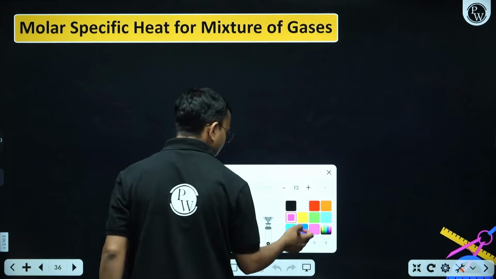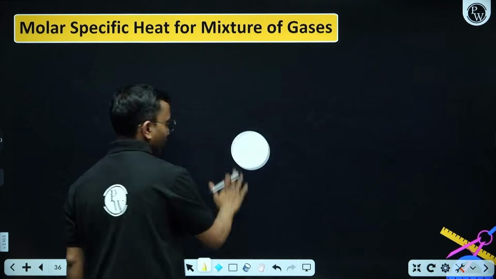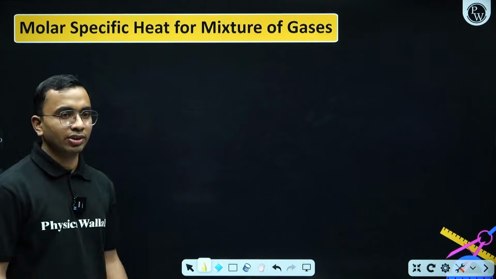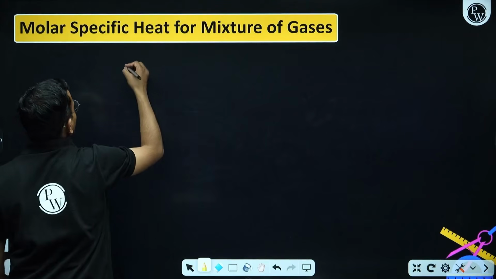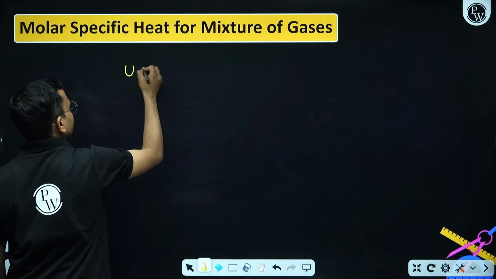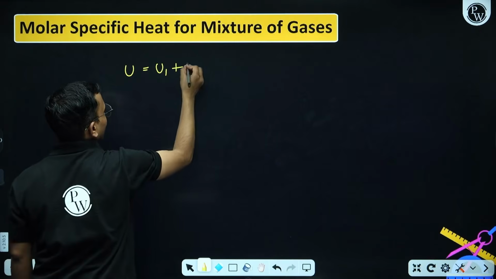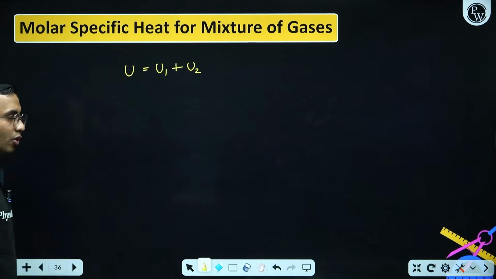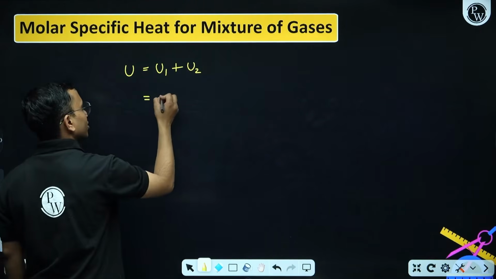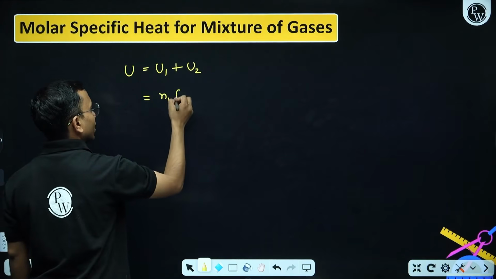Let us take two gases are mixed. What will be the effective molar specific heat for the gases? Okay, now if I say the internal energy, that will be the sum of the internal energies of the two gases. What is the internal energy? That is N1 into F by 2.